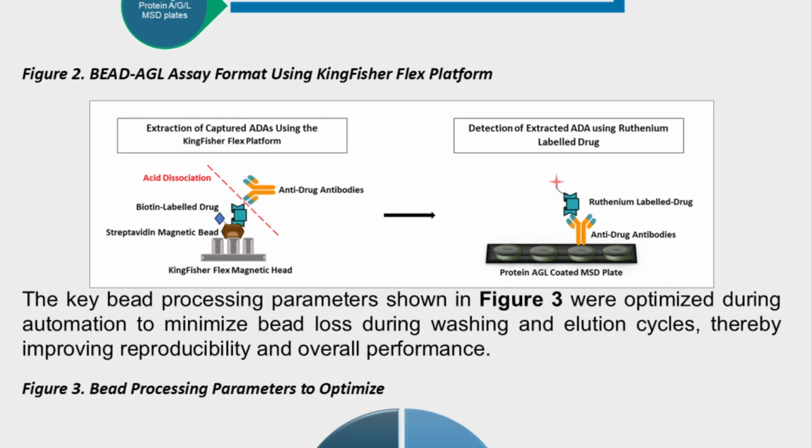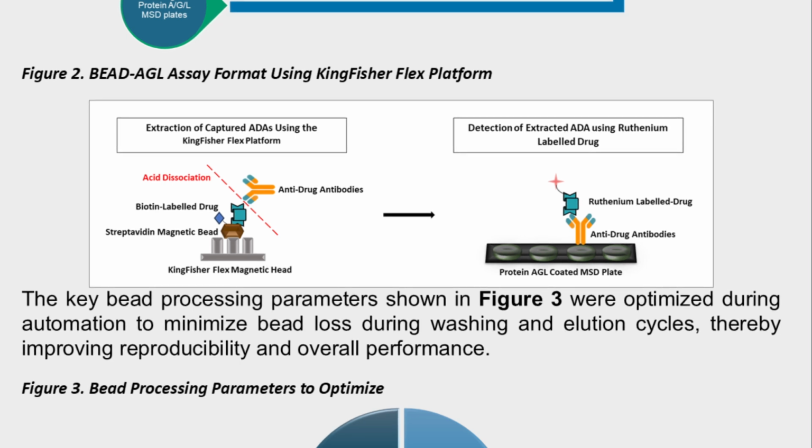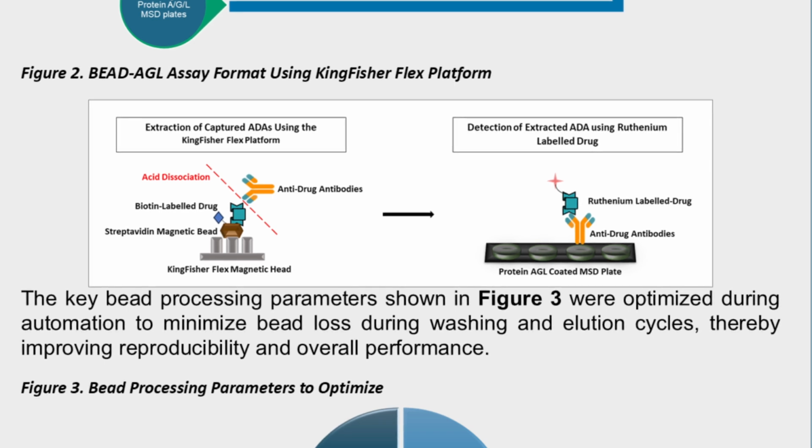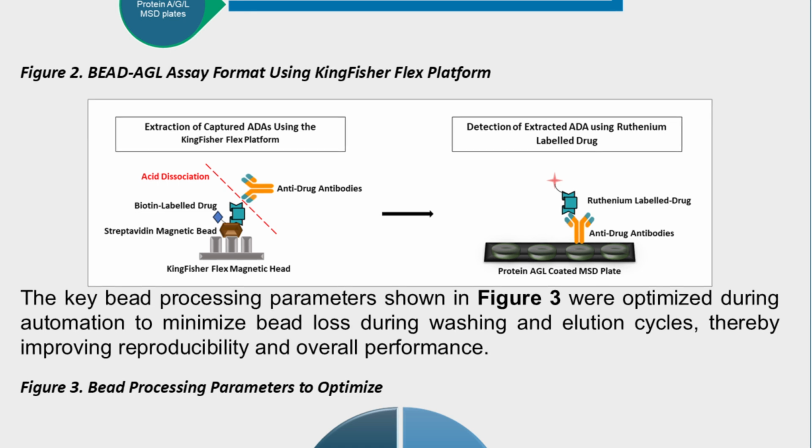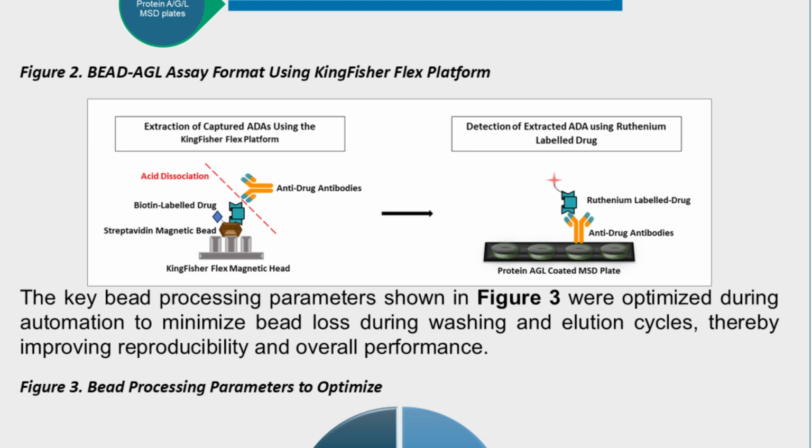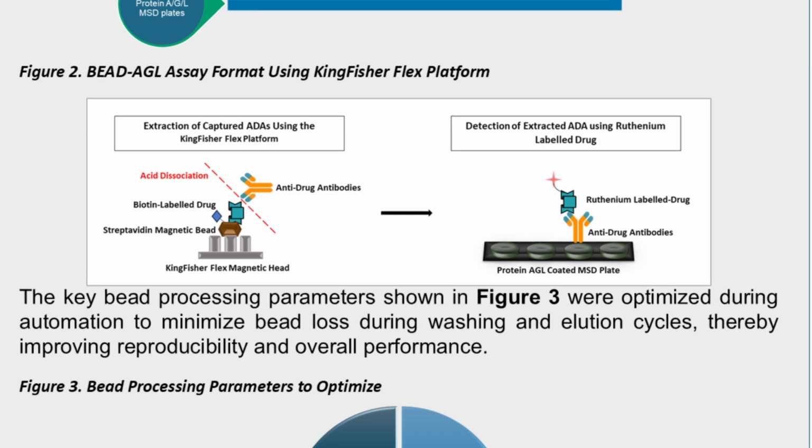Following an incubation period, the streptavidin beads were washed using the KingFisher Flex platform, and the ADAs were extracted by acid dissociation, again using the KingFisher Flex platform. Following acid dissociation, the samples were neutralized and were captured on a protein A/G/L coated MSD plate. Finally, the detection of the ADAs was performed using sulfotag labeled drug.